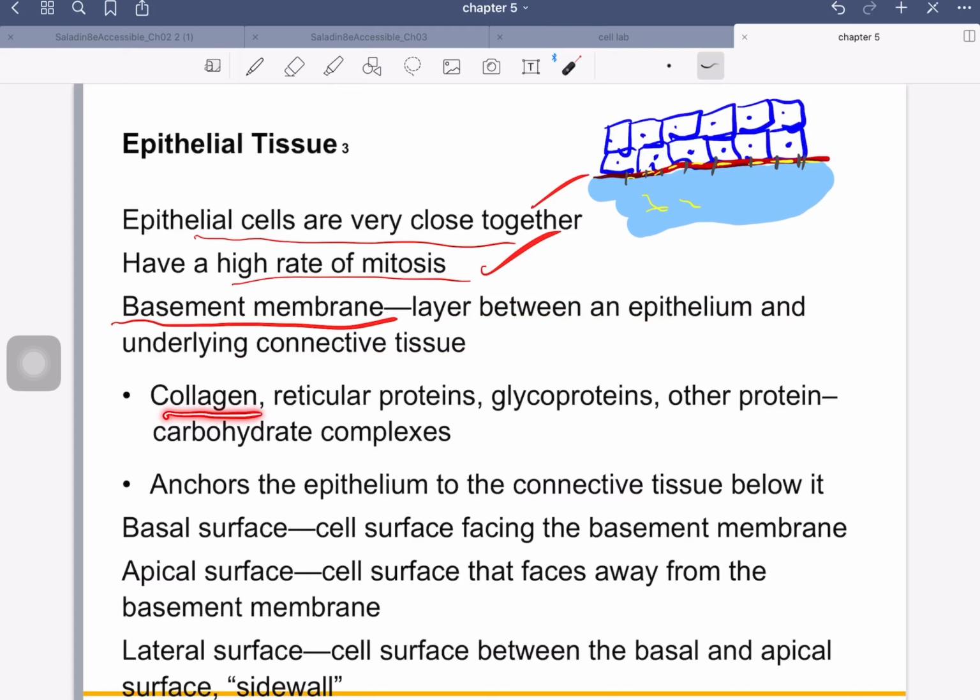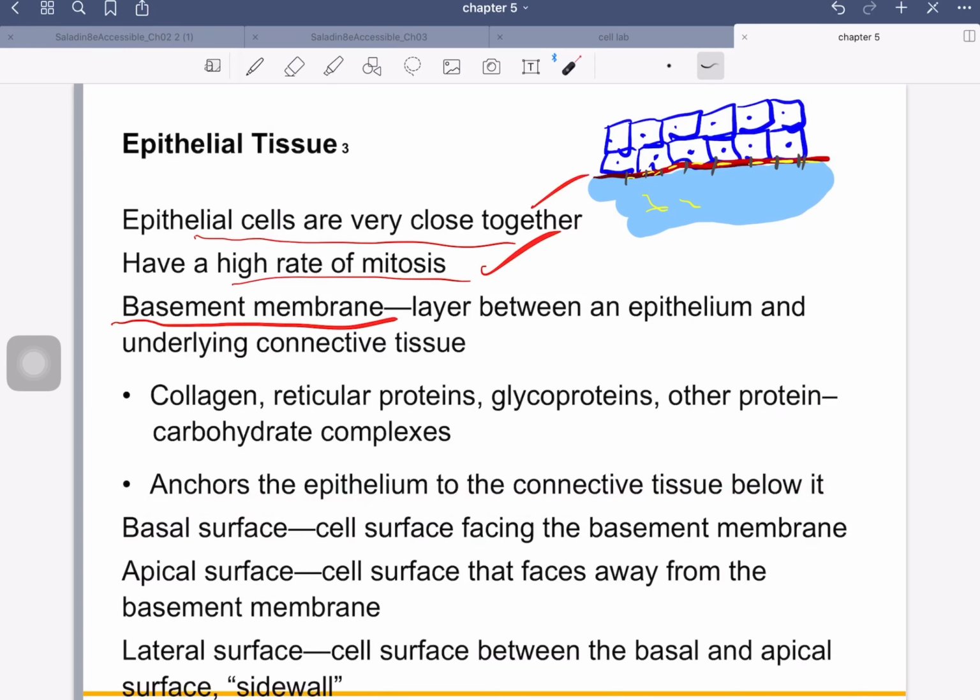It's often a mixture of collagen, reticular fibers, proteins, glycoproteins, and other types of protein carbohydrate complexes. Often you almost have these little molecules, almost like cell adhesion molecules, that help to hold this in place, almost like Velcro. And it helps to anchor the epithelium to the connective tissue below.